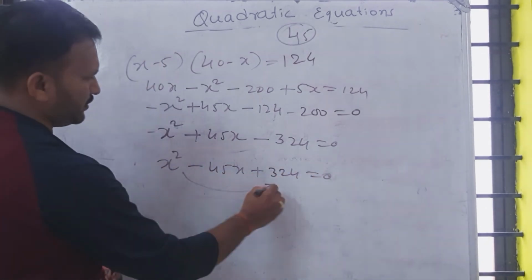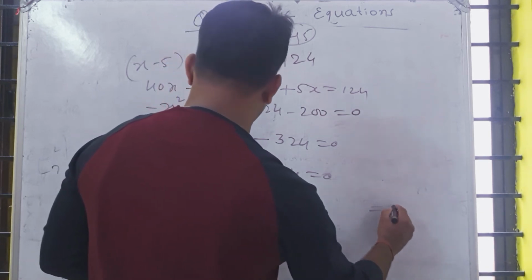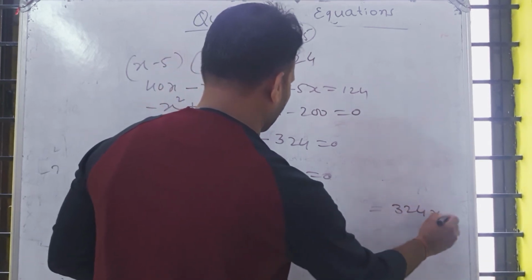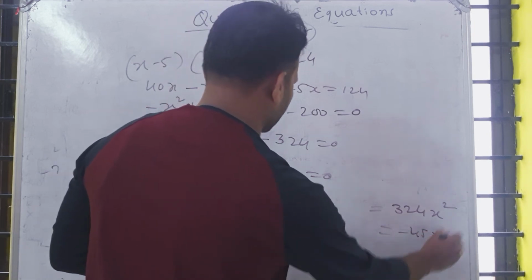Now first term into last term in the factorization method, it is positive 324x square and minus 45x.